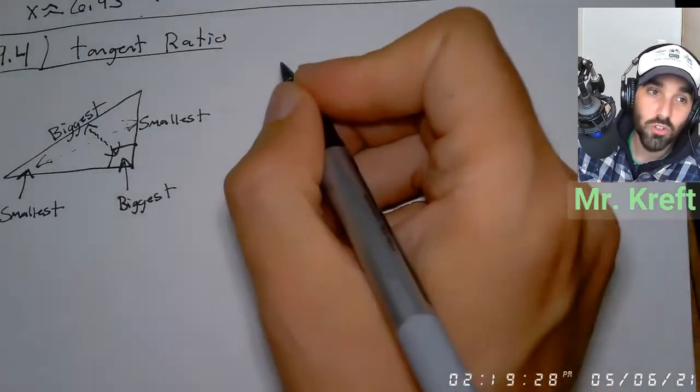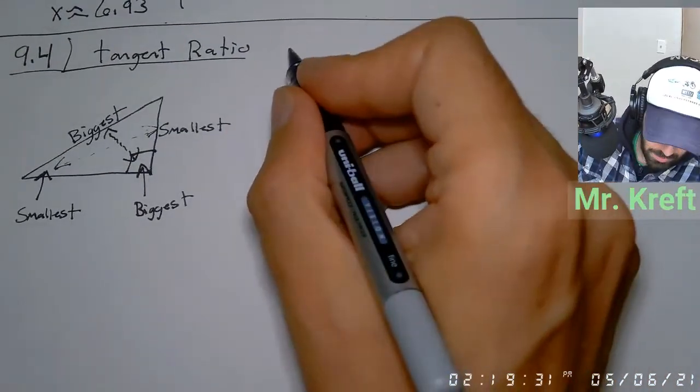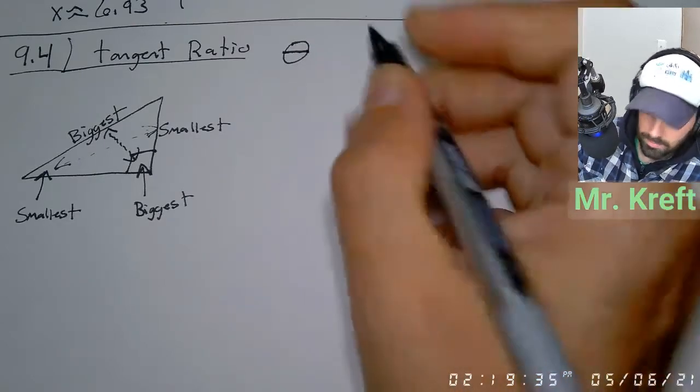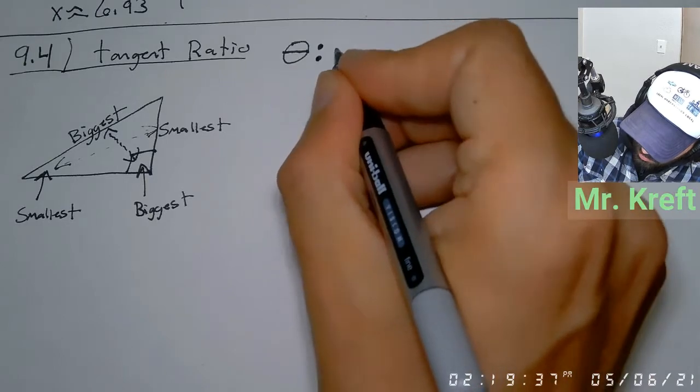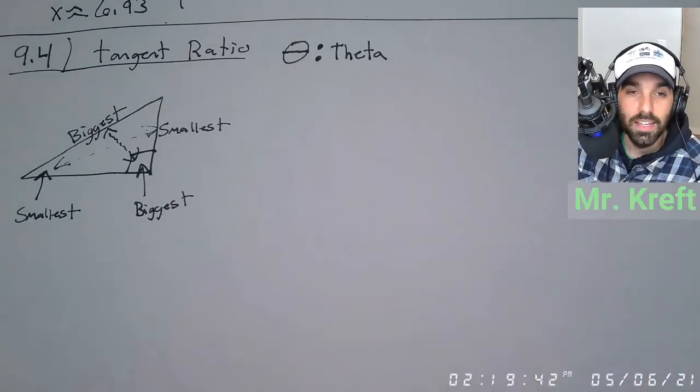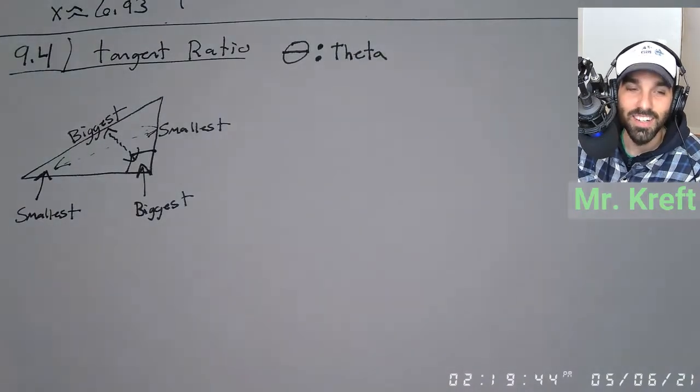Before we get into this, I'm going to teach you guys 2 Greek letters. The first one is a circle with a horizontal line through it. This is a Greek letter called theta. Theta, not theta. Theta.